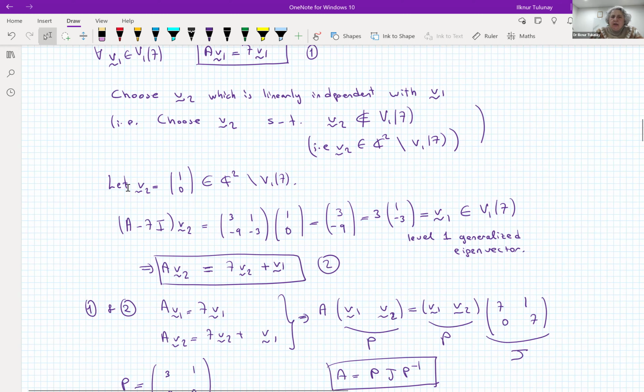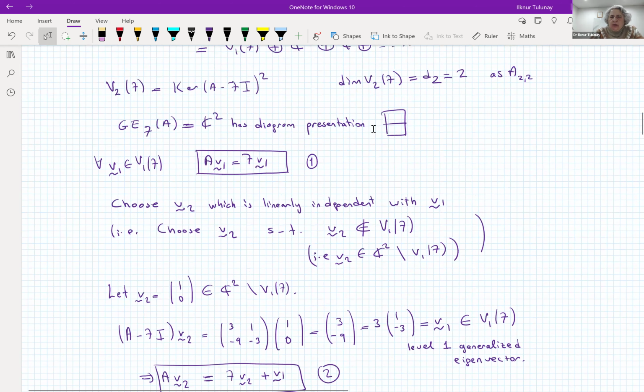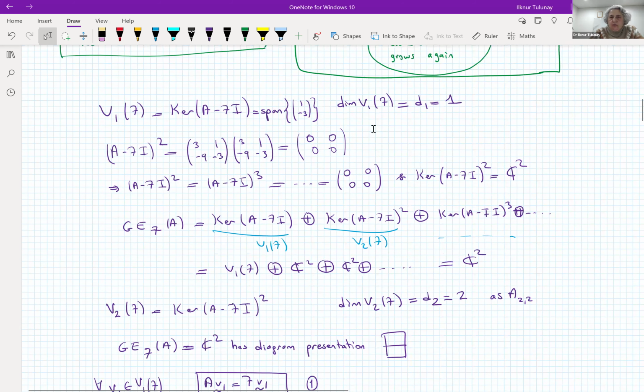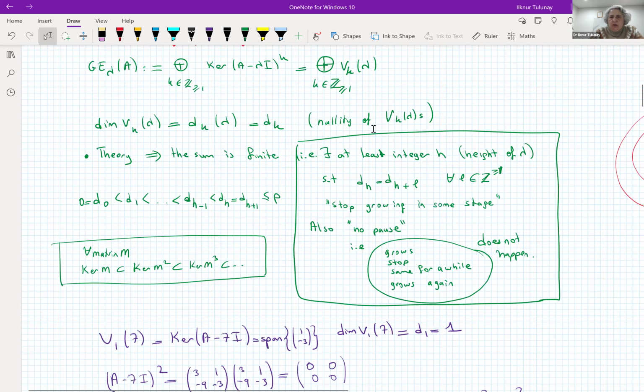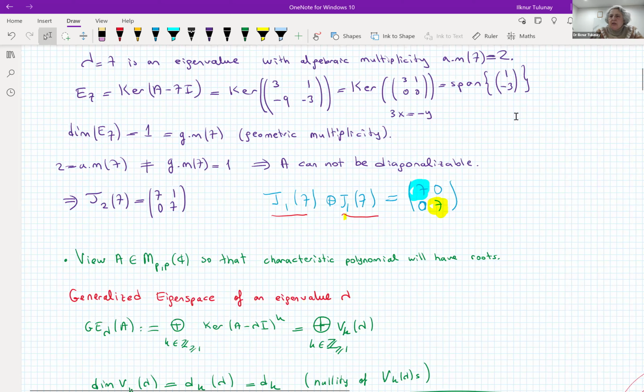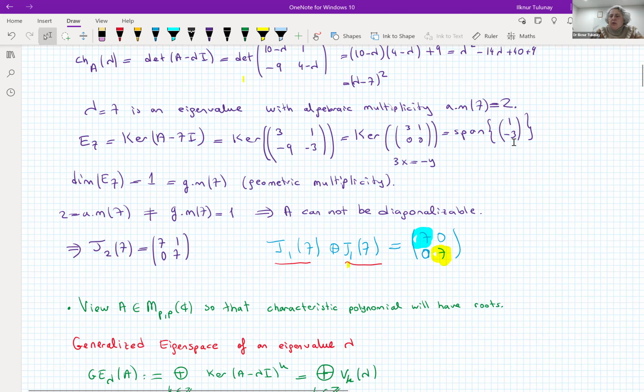So I would like to find a vector different from v1. The vector is (1, -3), so any multiple of this vector is inside here, and we want different vectors, not multiples of this vector.